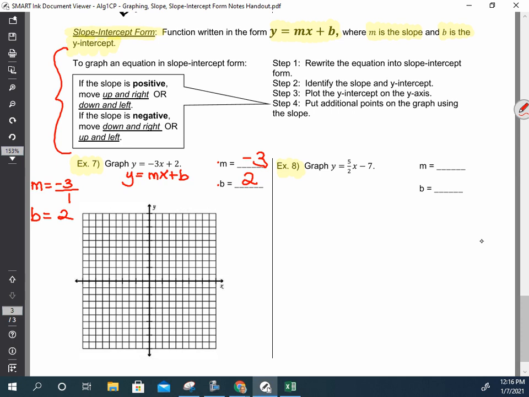So, we've identified the slope and the y-intercept. Plot the y-intercept on the y-axis. So go to the y-axis. Since your y-intercept is 2, put your first dot on the number 2. Just like that.